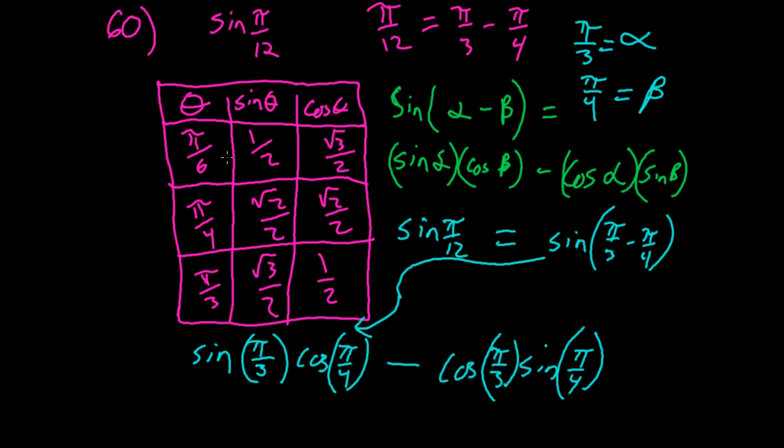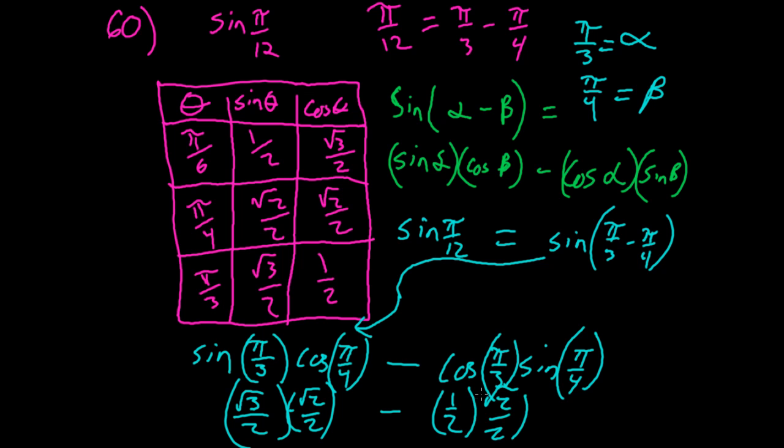So sine of pi over 3 is equal to the square root of 3 over 2. The cosine of pi over 4 is equal to the square root of 2 over 2. Multiplying these together, and the cosine of pi over 3 is 1/2, and the sine of pi over 4 is square root of 2 over 2.